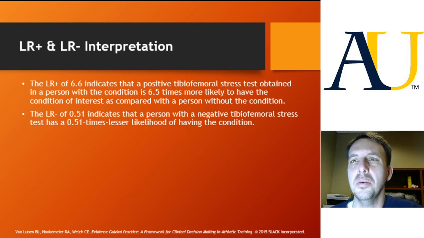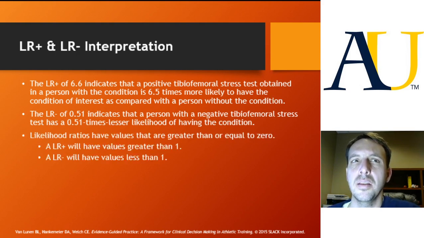You can see how we're starting to use this, from their pretest probability, if they then have a positive likelihood ratio of 6.6, that shows they are 6.5 times more likely to have that condition. When we combine that with their pretest probability, we can create a new mathematical equation associated with that, same with the negative likelihood ratio.